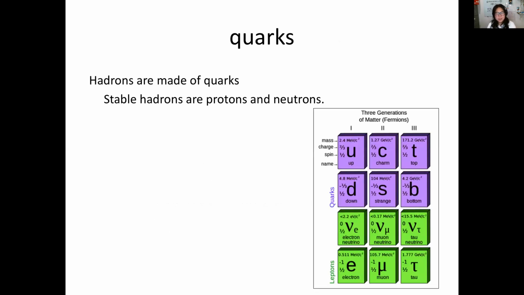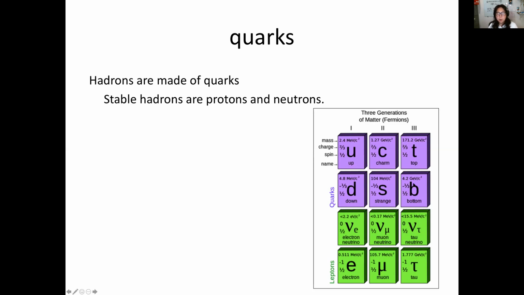What are quarks? What we see is almost the standard model of fundamental particles, though this is actually an old idea, and we're just going to stop it here. We're not going to talk about supersymmetry and all that. But here is the picture of the quarks and the leptons.